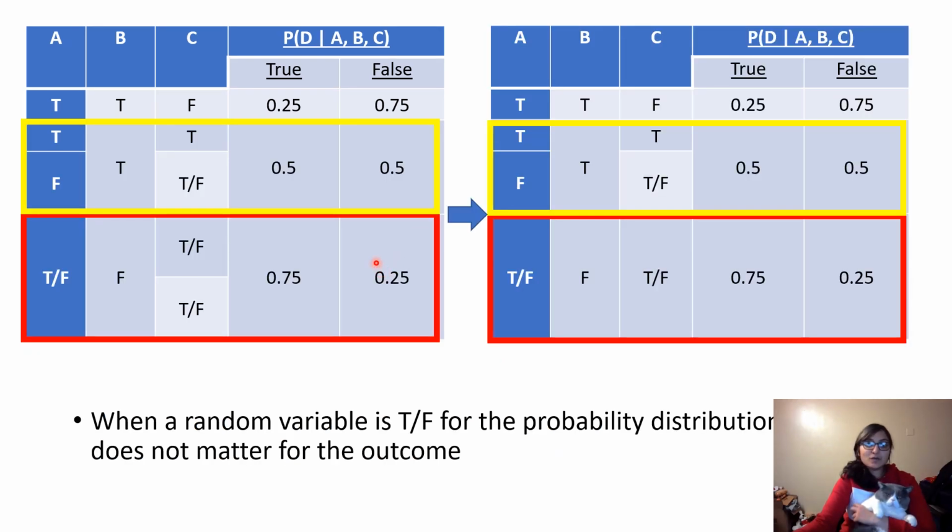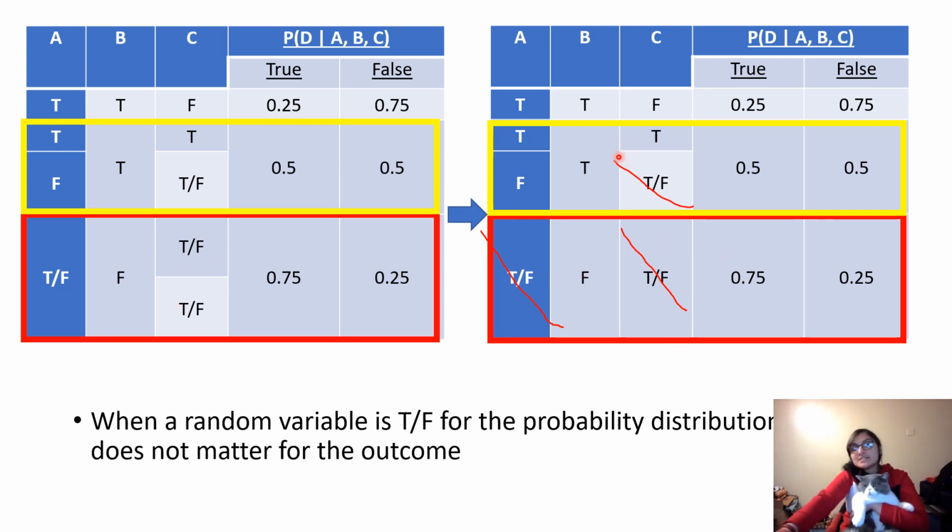And basically, when you see something like this, whenever we have a random variable that is true or false for the probability distribution, then it doesn't really matter for the outcome. So over here, what I want you to see is that it doesn't matter what these are. Essentially, if it's true or false, I just consolidated these together into true or false to make it simpler.